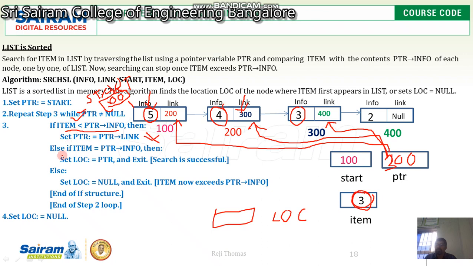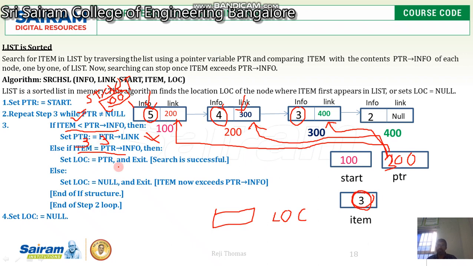So it will come to the next part. It's asking whether item is equal to PTR info. What is PTR info? This is 3. Item is 3 and PTR info is also 3. That means 3 is equal to 3.